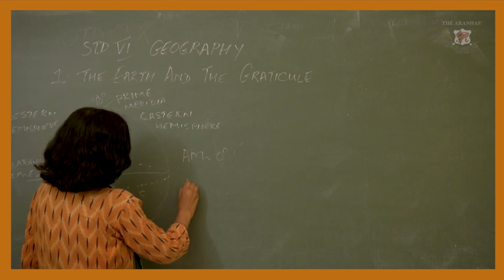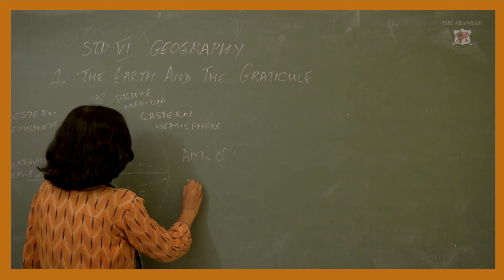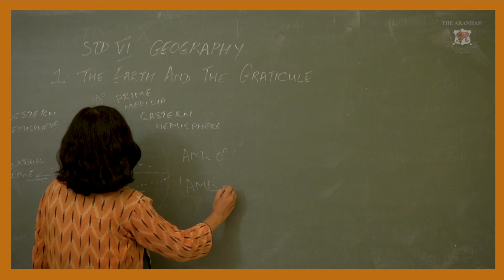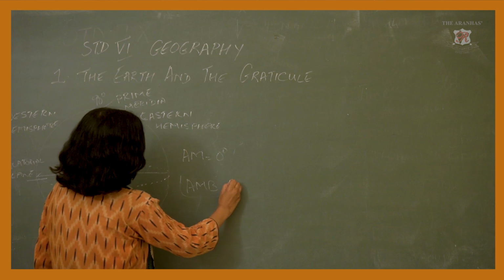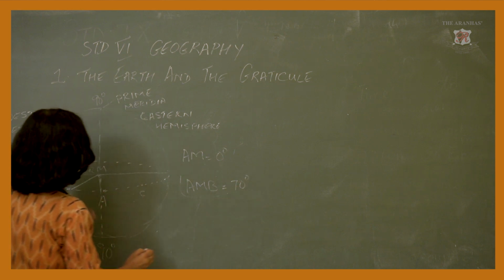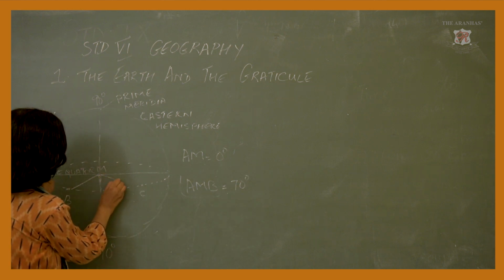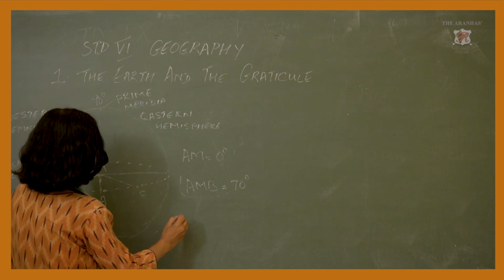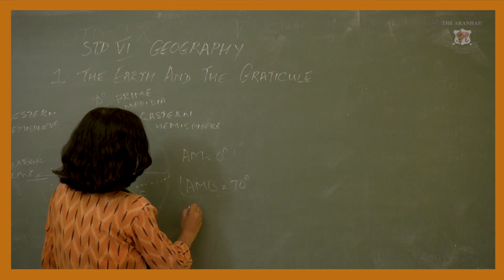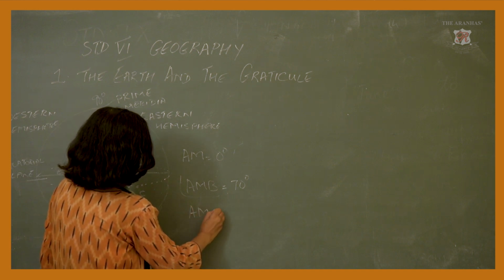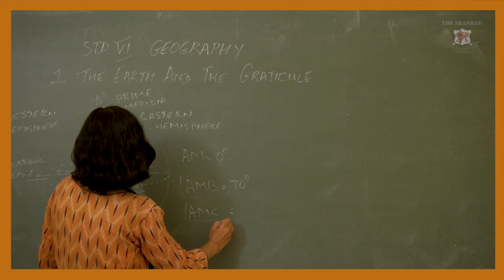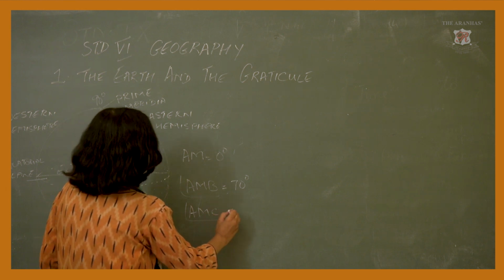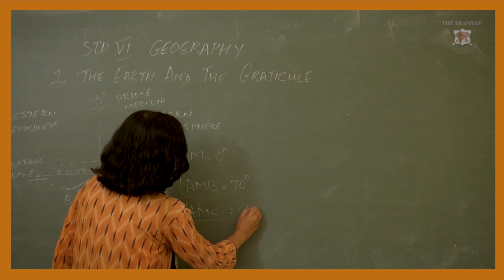So, let us say we have AMB. It is, let us say, at 70 degrees, and then we have one more angle with the prime meridian joining our dot C. Let us say this is 60 degrees.